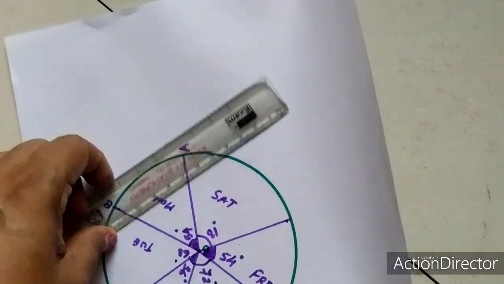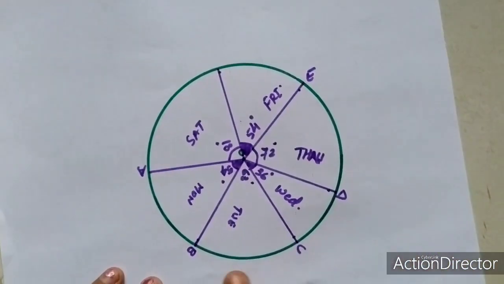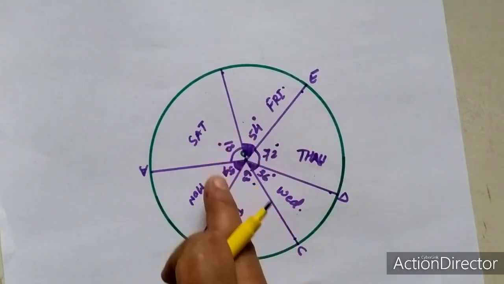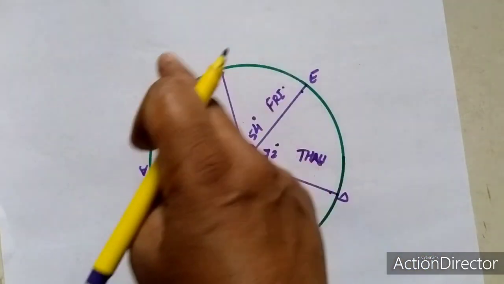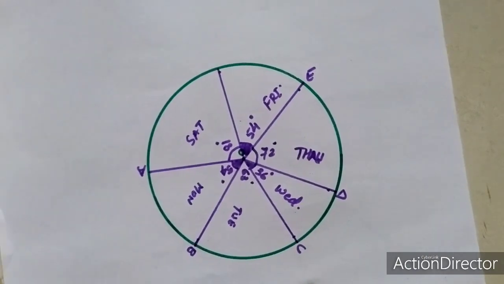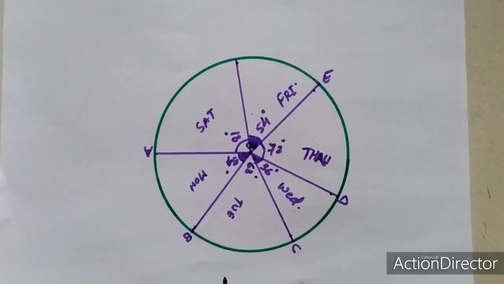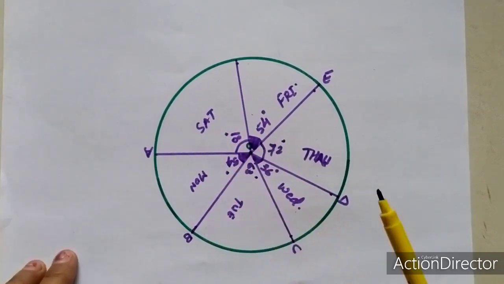Now see, this is called a pie chart. How to divide all the components with the help of central angles, we are going to make a pie chart. Once again I am repeating. First of all, we have to draw a circle with any radius. Already you know how to find out central angles. Make any one line as a radius.